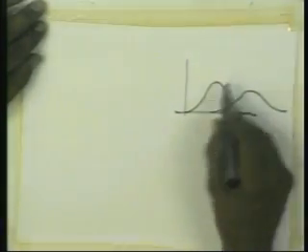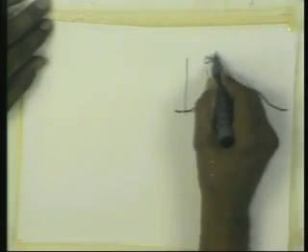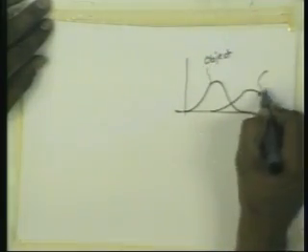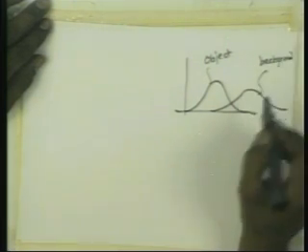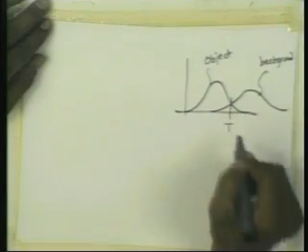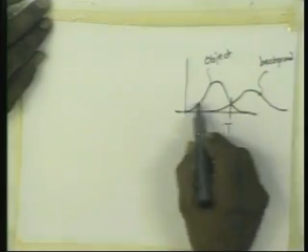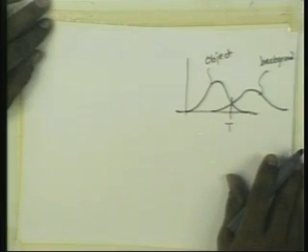So I will have some kind of probability distribution functions corresponding to, say, the object, and this is the background. Then what we do is, we can select a threshold here, which will be the best way to distinguish the object from the background.